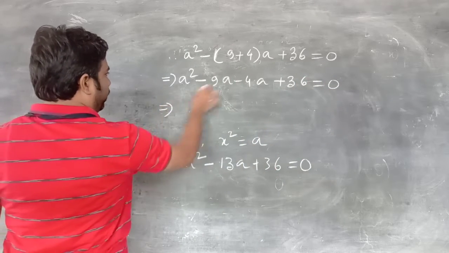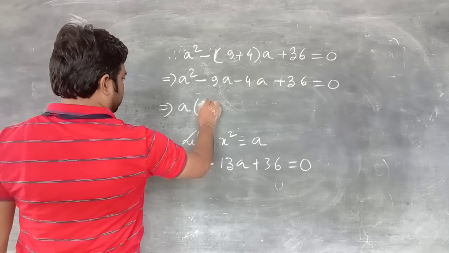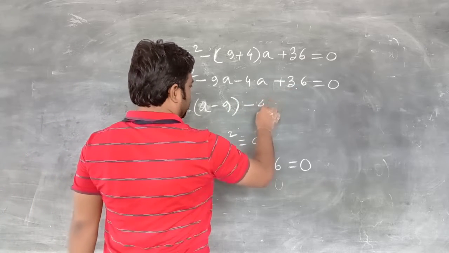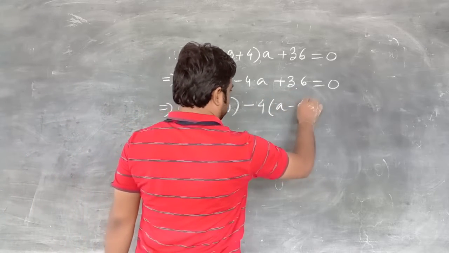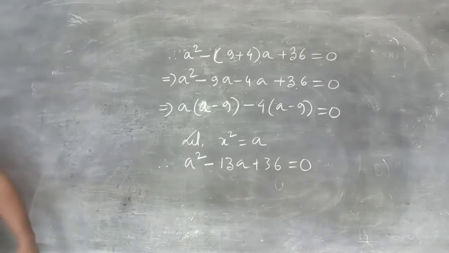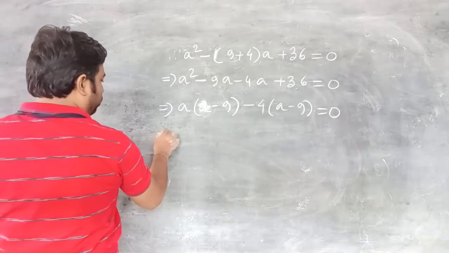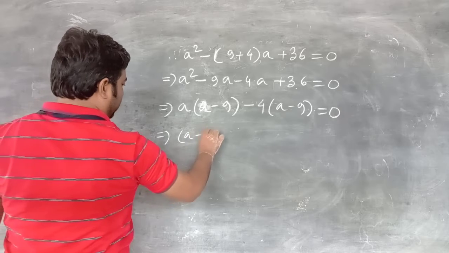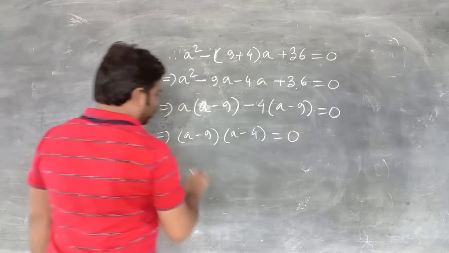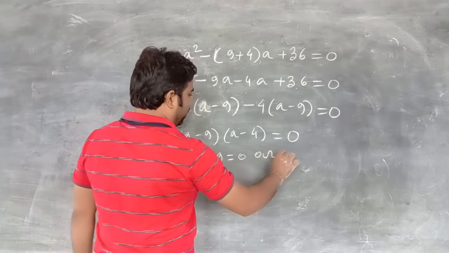If we take a common, this is a minus 9, and if we take 4 common from here, this is a minus 9 again, equal to 0. So if we take a minus 9 common, this is a minus 9 and this is a minus 4 equal to 0. So a minus 9 equal to 0 or a minus 4 equal to 0.